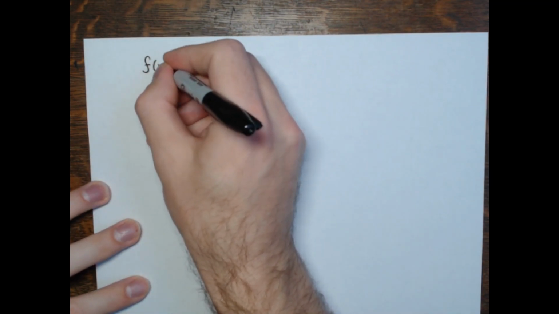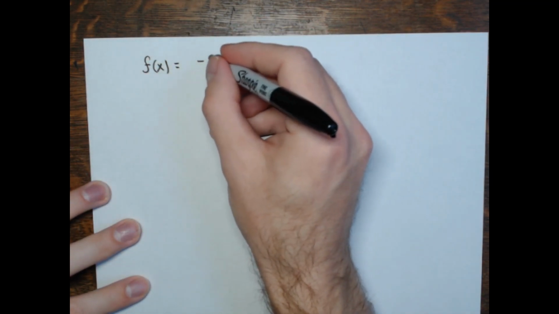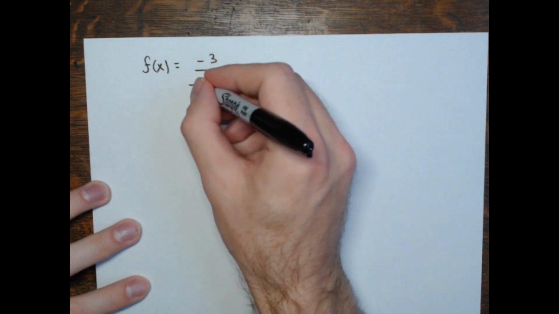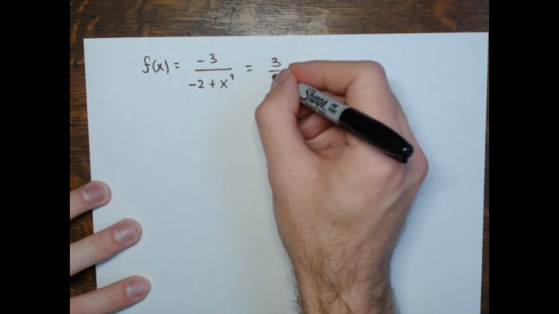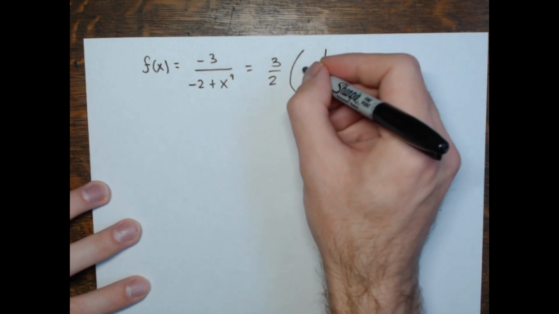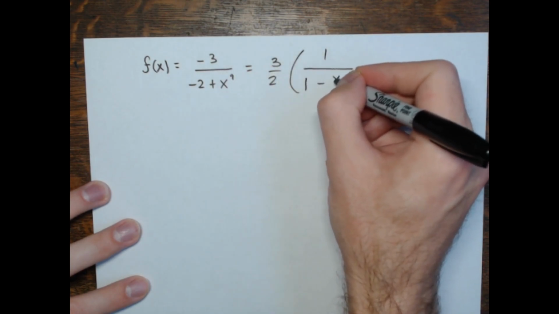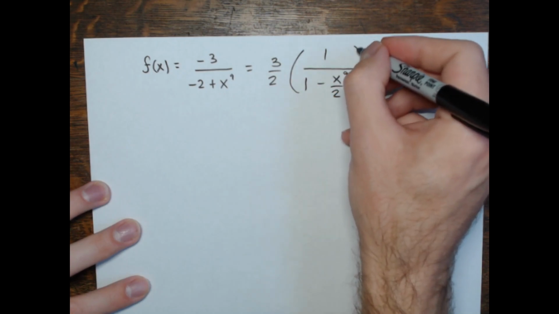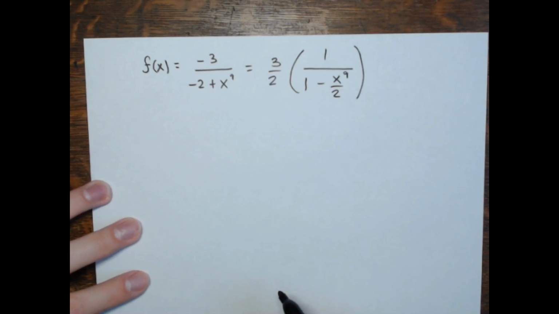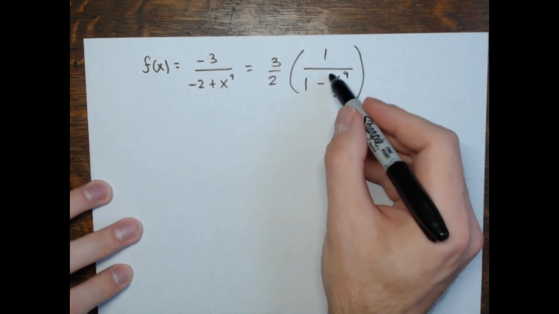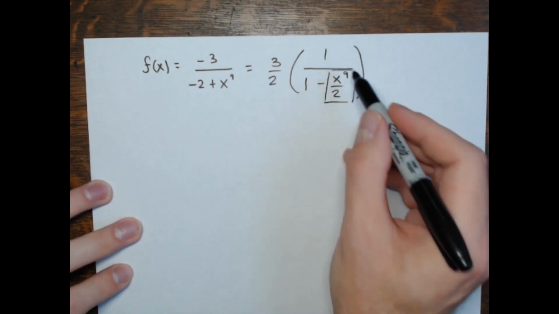So here f is negative 3 over negative 2 plus x to the 9th, which I can rewrite as 3 halves times 1 over 1 minus x to the 9th over 2. Hopefully you see that. Now this is 1 minus something down here.